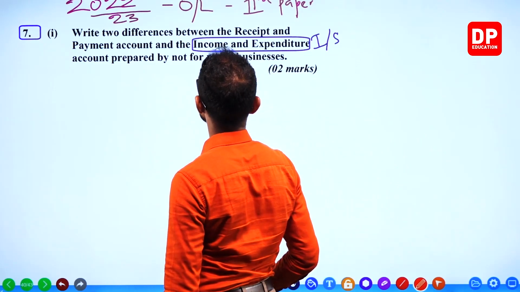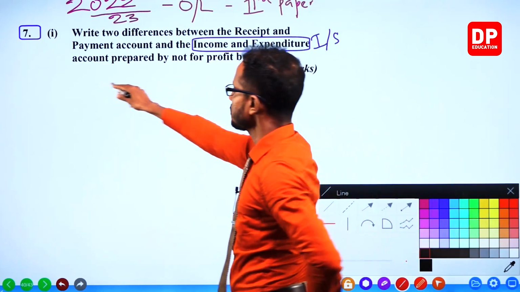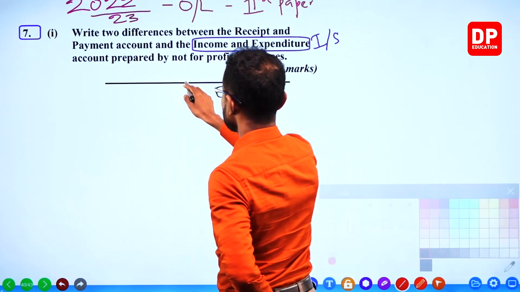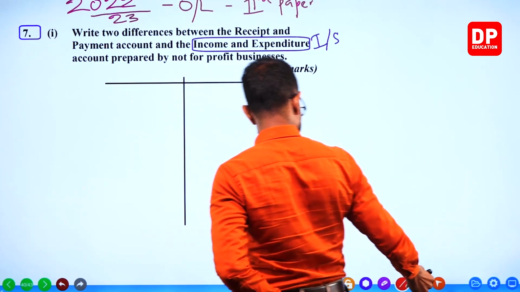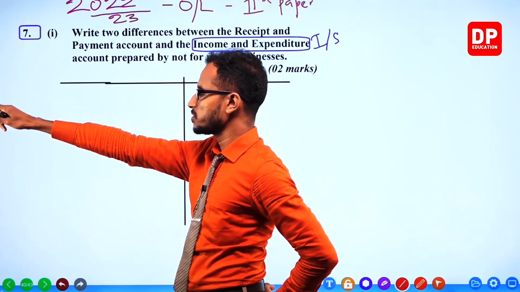Two differences between. We always use a table when we want to show differences between two things. Always use a table.